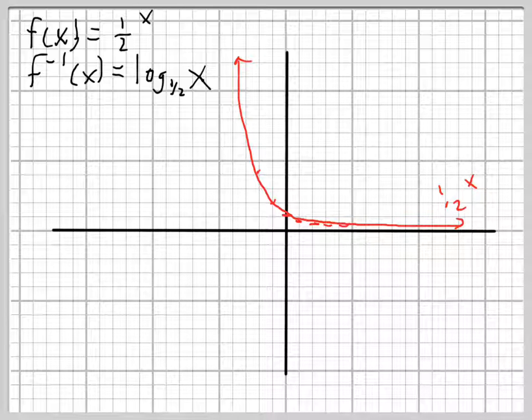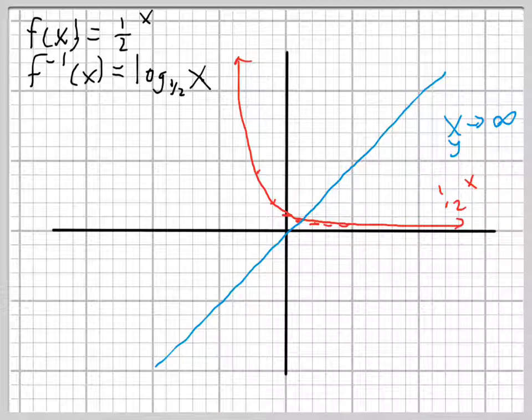So let's go back and just use that reflection property. Here's the line y equals x, and let's just try a mirror image here. So check it. If you look here, as x goes to infinity, y goes to 0. So guess what? That was our original function. So I've got to flip-flop those two for my inverse function.